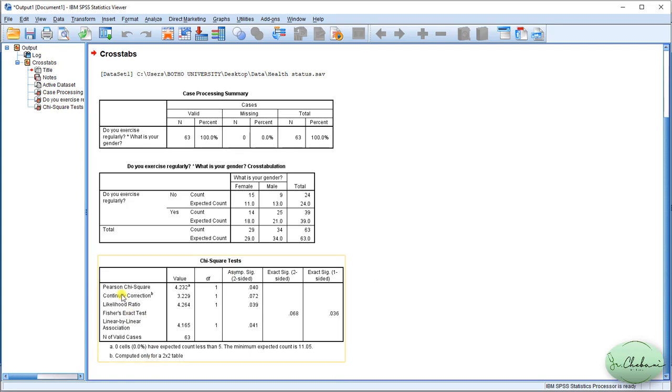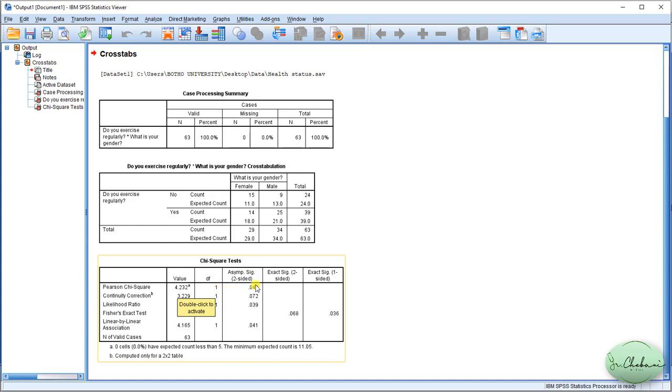Okay, so the first number that we have is 4.232, right? So this is the Pearson chi-square, 4.232. We won't concern ourselves with the other numbers because we haven't really covered them in this video. They are not so important for us. The degrees of freedom is 1, like we got when doing this by hand.